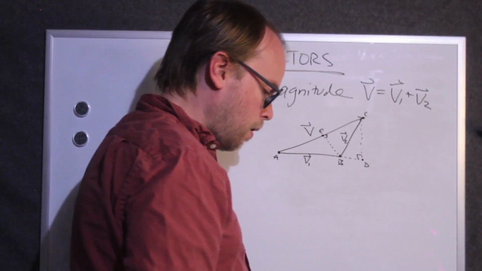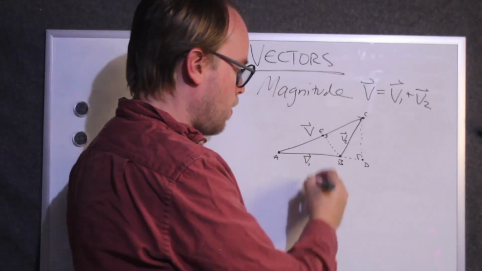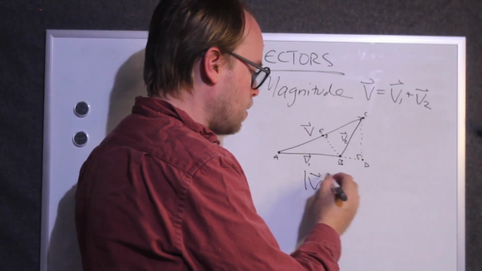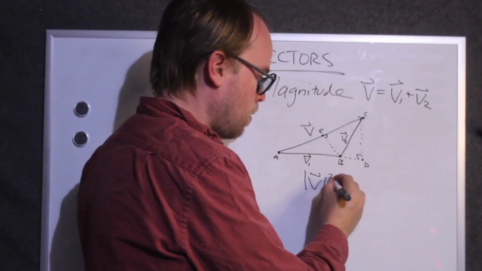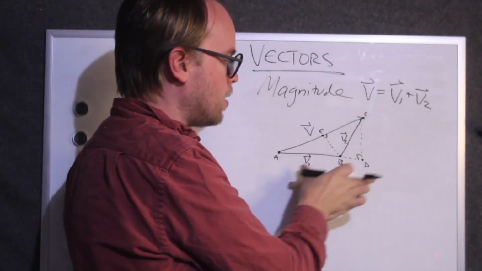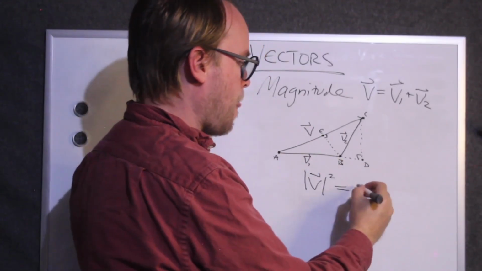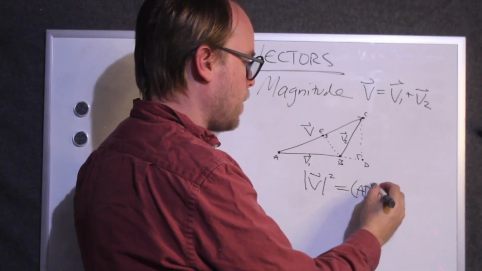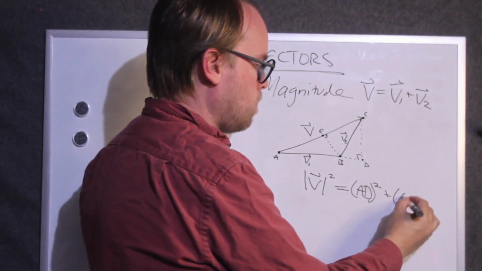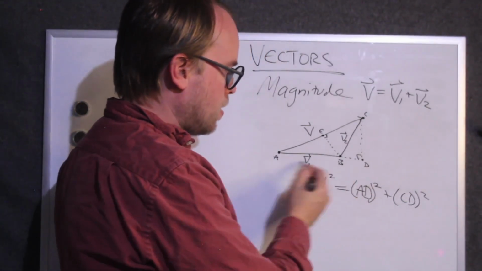So we can see from the diagram here, just based on the Pythagorean theorem, that V, the magnitude of V squared, is equal to, so that's this length, is equal to this length, AD squared, plus this length squared, right? So what is AD?